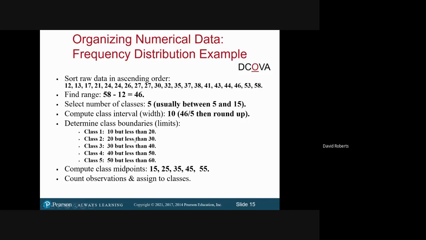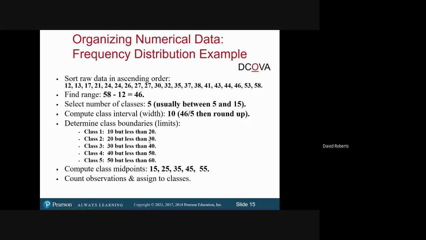The midpoints have a mathematical way to do it. You take the smallest number in the class, which is a 10 for class 1, and the largest number, which is a 20, add them together and divide by 2. And most of us should probably be able to determine the midpoint between 20 and 30 is 25.